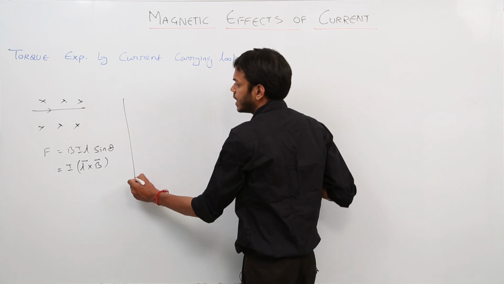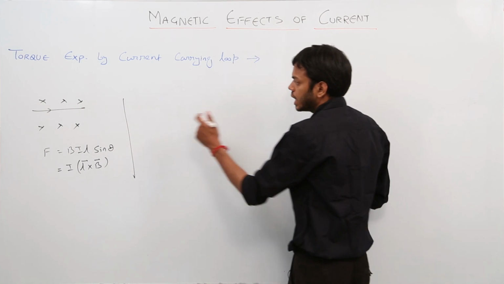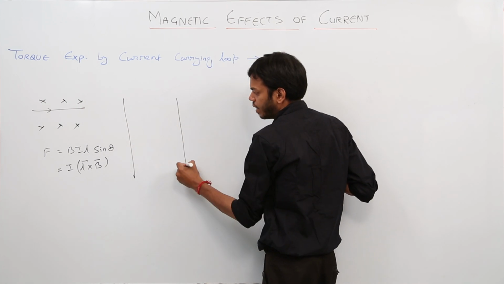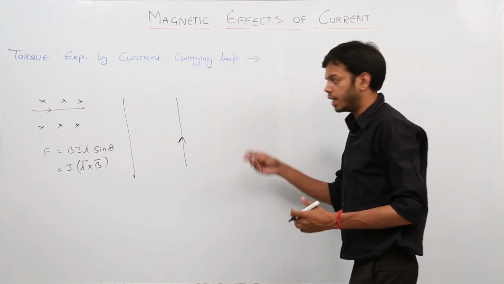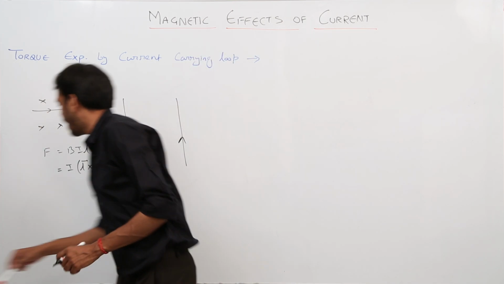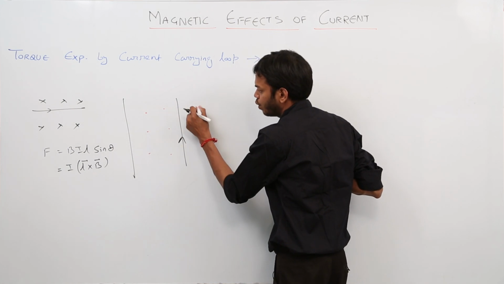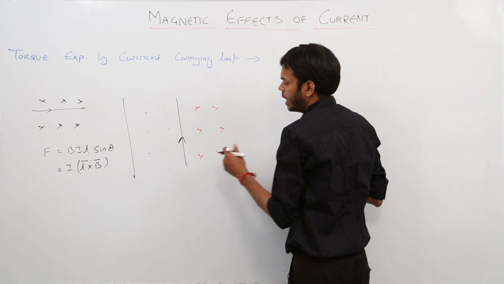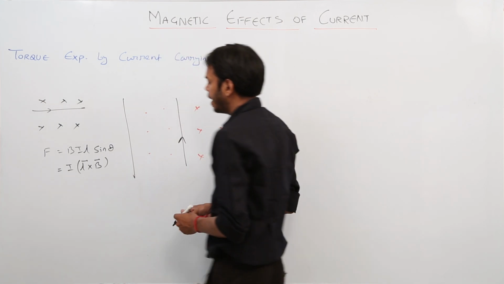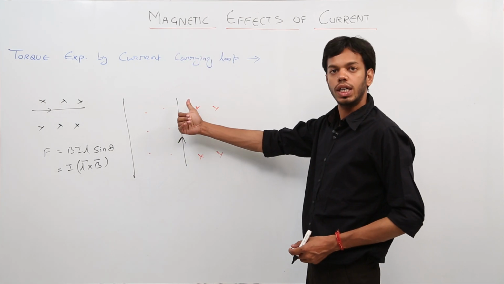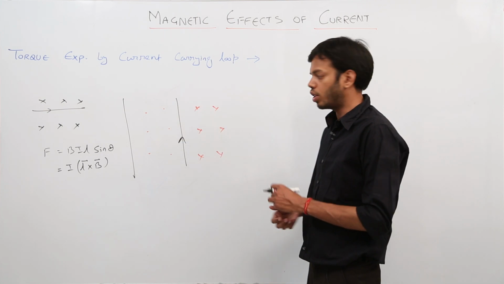Second formula was, when a current carrying conductor has current flowing through it, the magnetic field due to this wire will be in this shape. It will be vertically outwards from here and vertically inwards on this side.